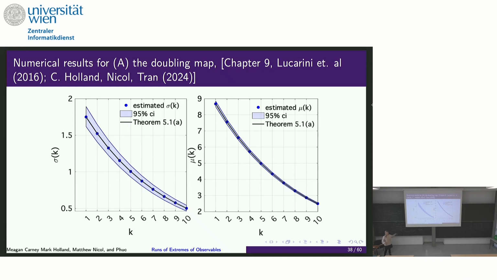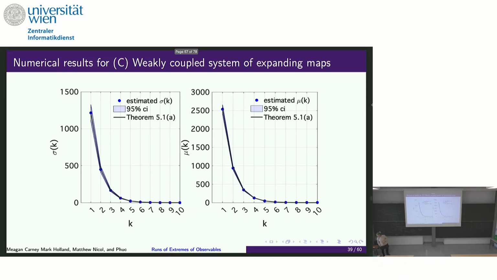This is over different sized k's, so minimum over k equals 1, 2, 3, all the way to 10. This is an example of the numerics for the same theorem, but for a weakly coupled system of expanding maps. So in this case, we pick 3x mod 1 and 4 coupled expanding maps.